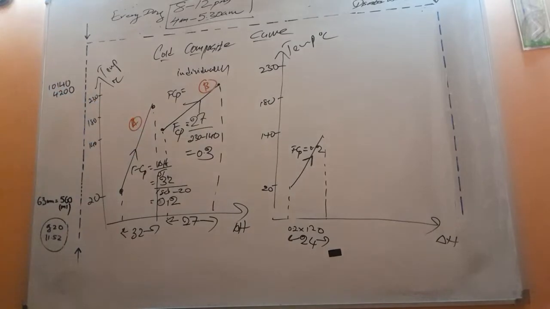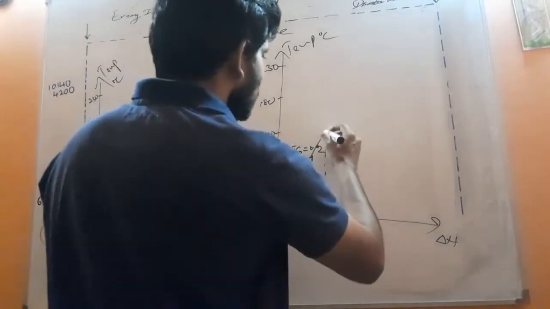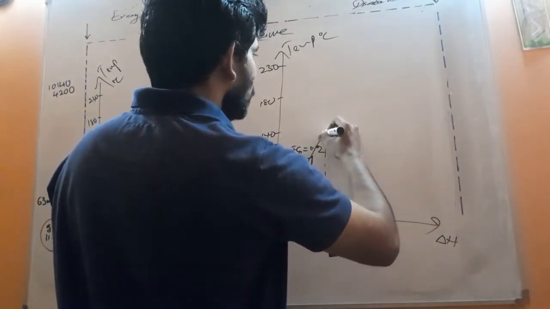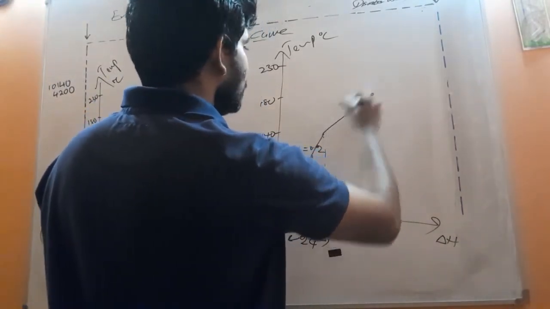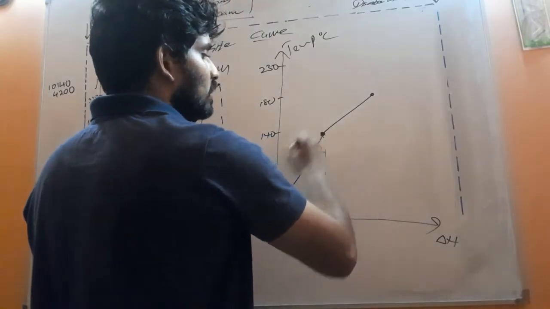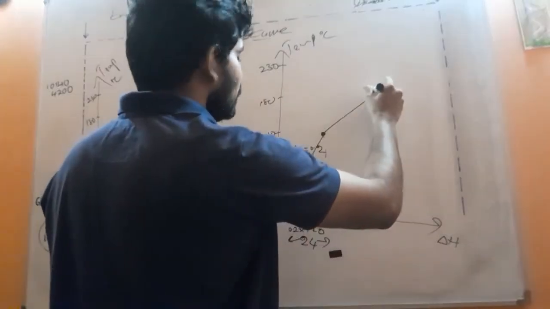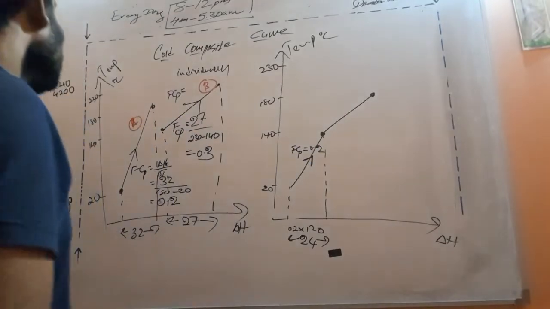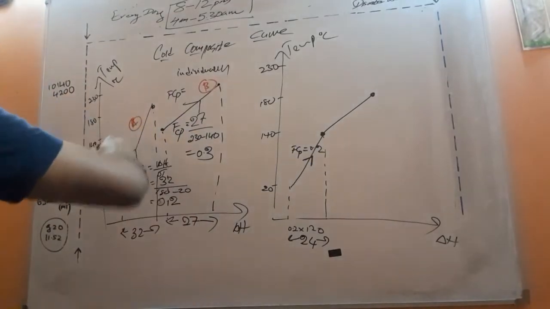So how to do that? Yes, so now it is something like that. If you want to complete the temperature range from 140 to 180, this is the 140 point, this is the 180 point. So now you can see curve A also can be used.